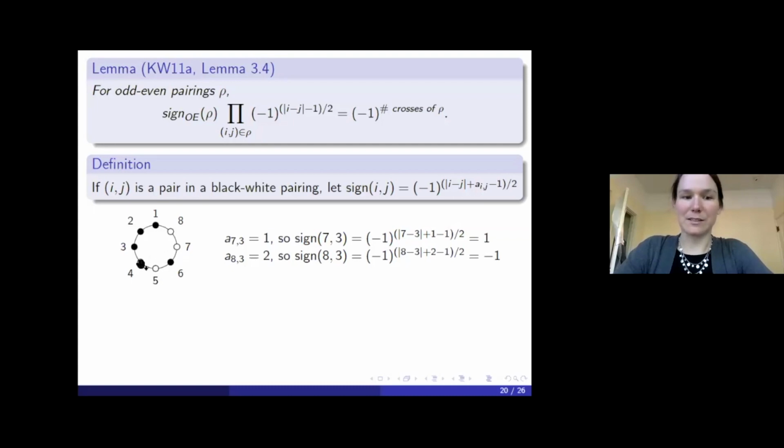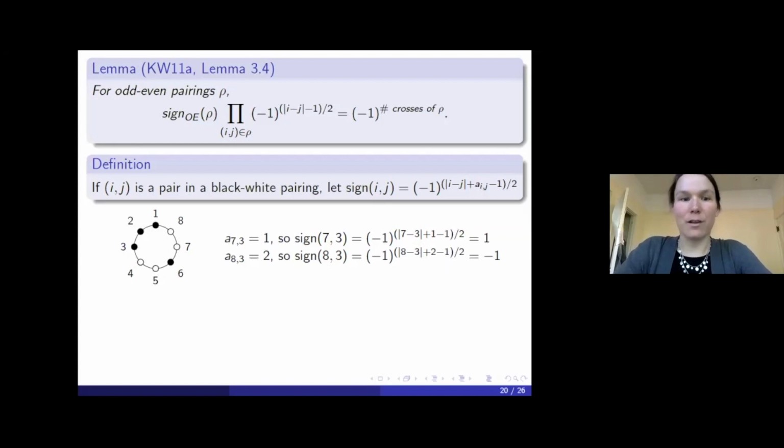In this case there's just the pair 4, 5. If I'm instead computing the sign of the pair 3, 8, there are 2 pairs of consecutive nodes of the same color, 4 and 5, and 7 and 8, so I add 2 to the quantity absolute value of i minus j minus 1.